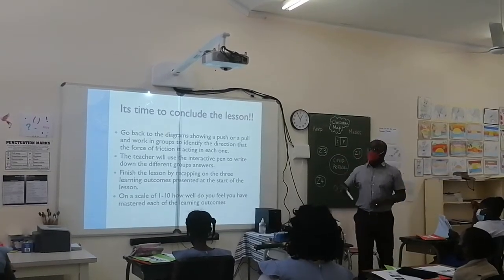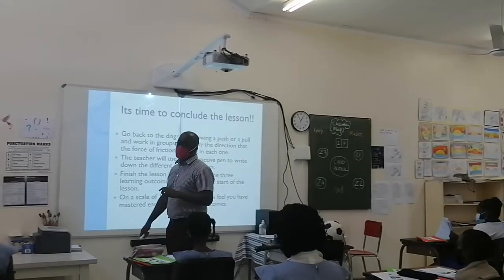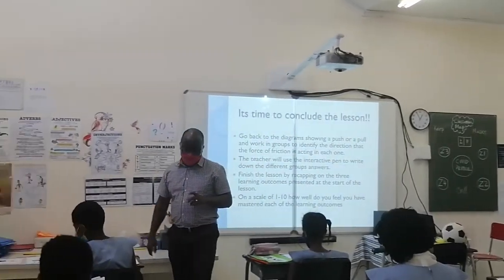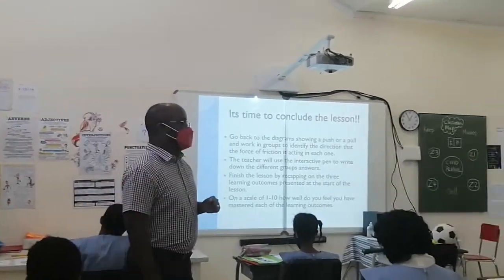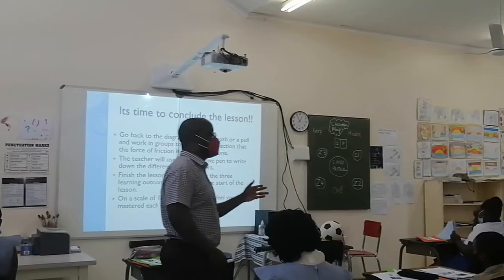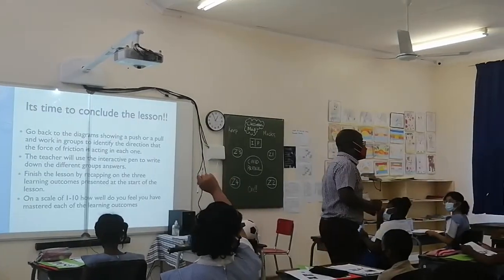So we've done all those on a scale of 1 to 10, and the last thing we looked at, what is the third learning outcome, Nifika? Learners will be able to recognize what friction is and how it affects motion. Okay, what is friction? Somebody that hasn't said something. Harry, what is friction?